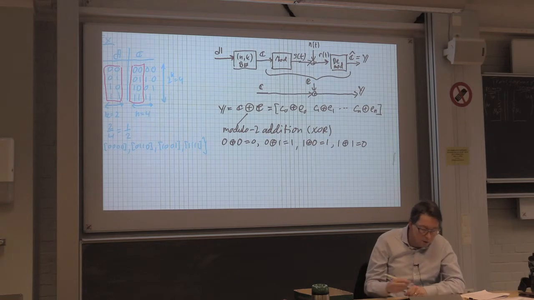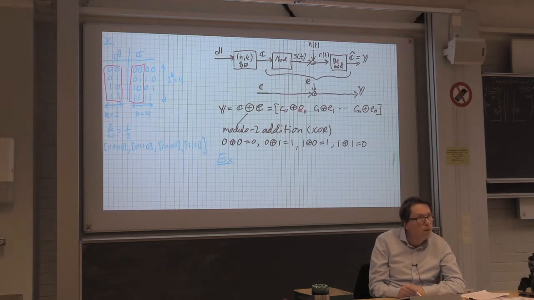And by doing this, what we see is that each input C is XORed with the error pattern. So whenever the error pattern is 1, then we will flip that code bit.